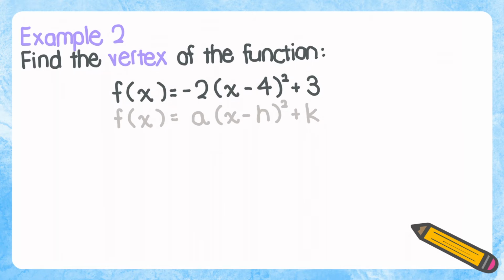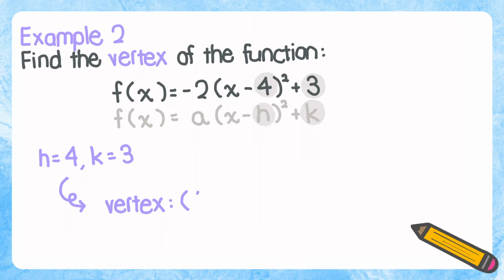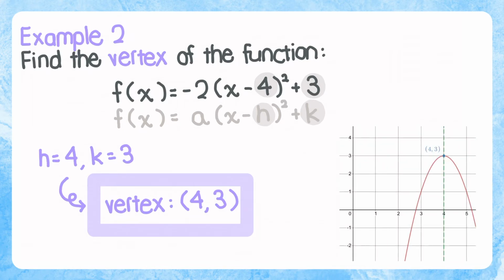Here, let's find h and k. h is replaced by 4, k is replaced by 3. h equals 4 and k equals 3. So our vertex in this case is 4, 3. And you can always check your work on Desmos.